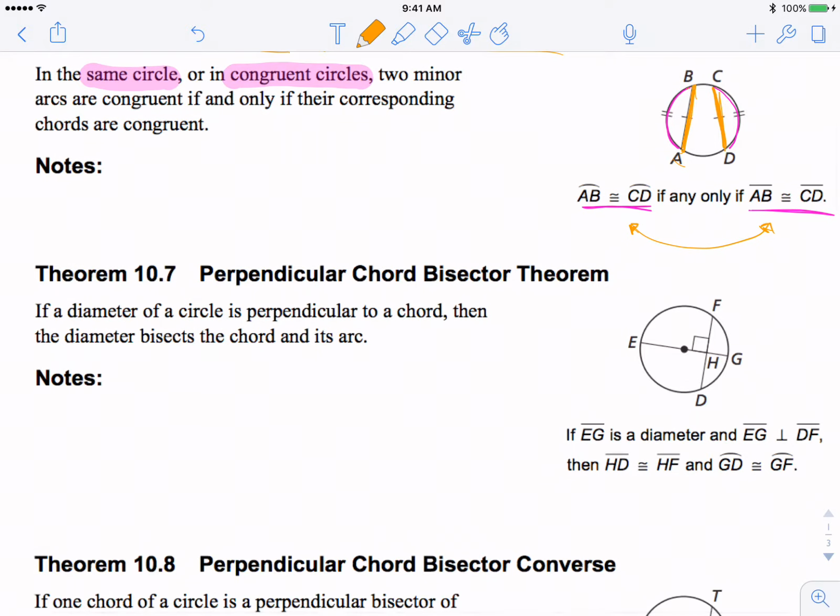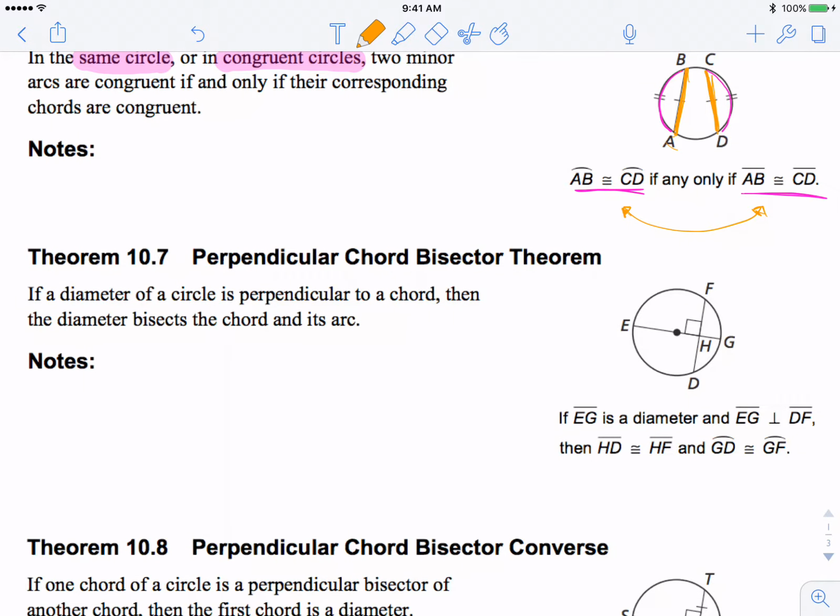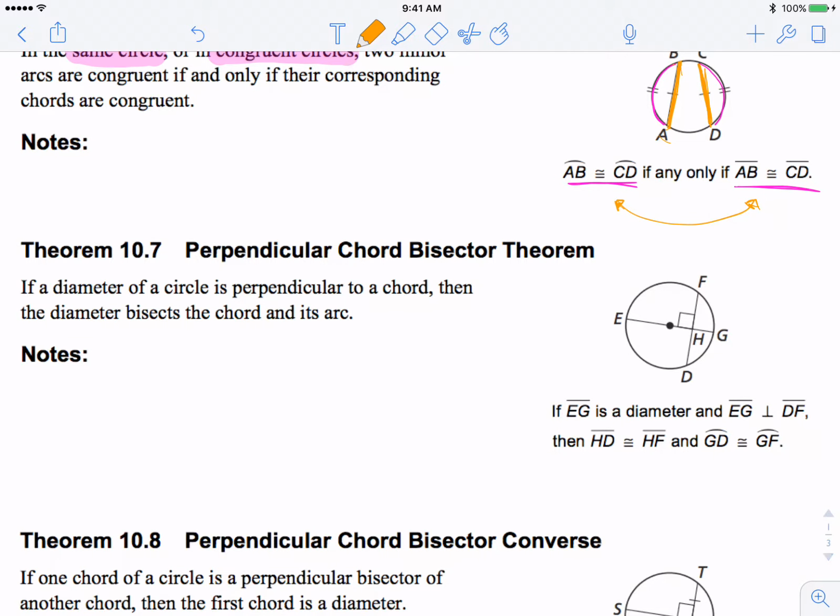The perpendicular chord bisector theorem. If a diameter of a circle is perpendicular, again 90 degrees, to another chord, then the diameter bisects.